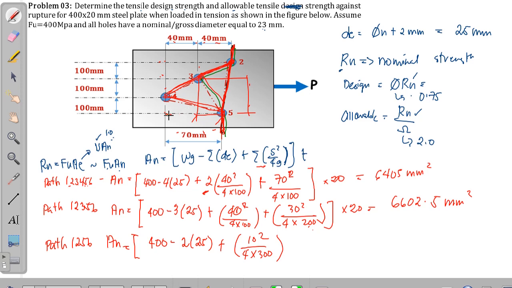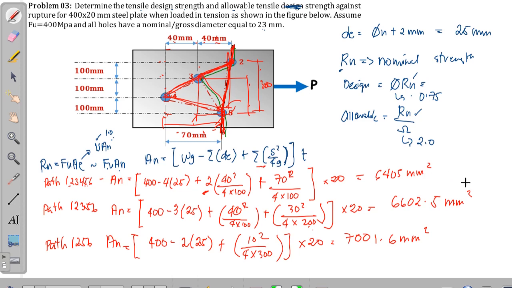So remember, this is 70 from dito 70 yan hanggang 5. Ito from 4 hanggang 2 80 yan. So 80 minus 70 10. So 10 yung magiging S natin and 300 yung magiging gauge natin. So this is 300. So 100 times 3, 300 kaya 300. Times 20. So that would result to 7,001.6 mm squared. So ito yung magiging net area natin sa part 1, 2, 5, 6.